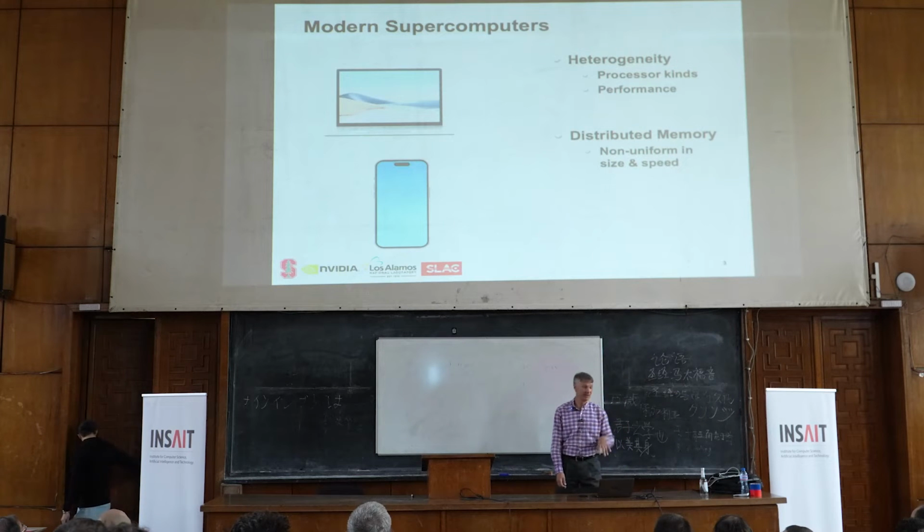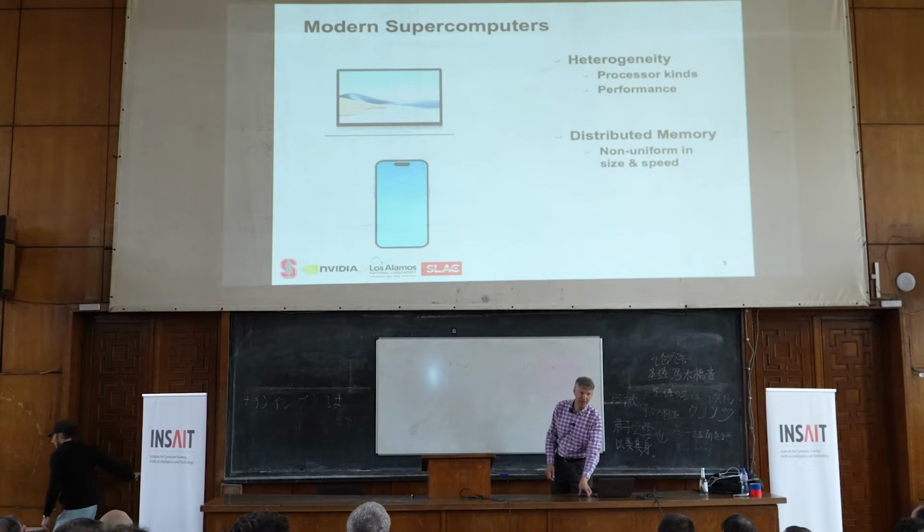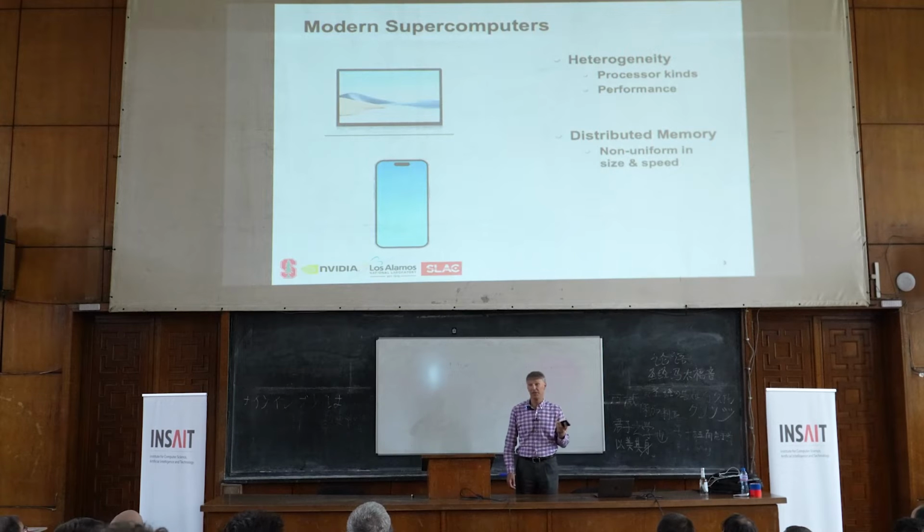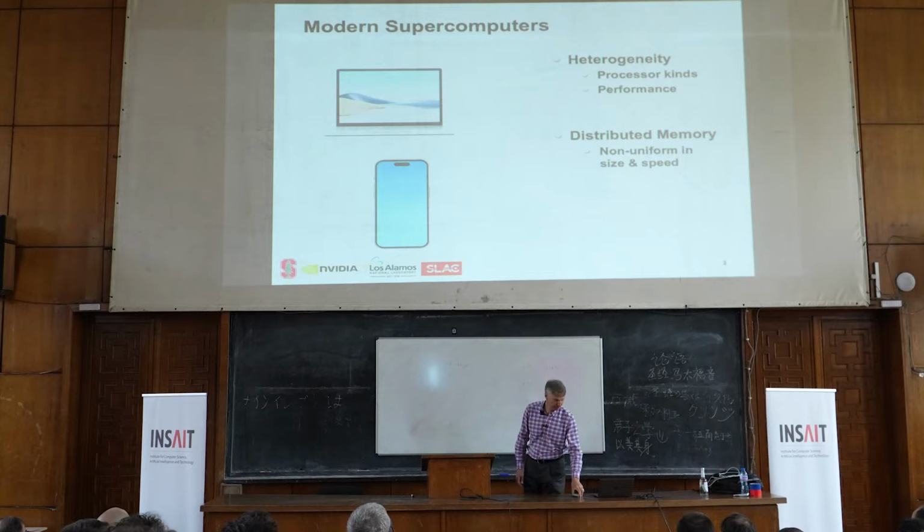But in fact, even in this laptop, in this phone, it's already a highly heterogeneous distributed machine. So there's more than a dozen processors of different kinds in this phone, many different kinds of memory for each of those processors. So in fact, some of these problems I'm going to talk about exist already today on the kinds of machines we have available to all of us.